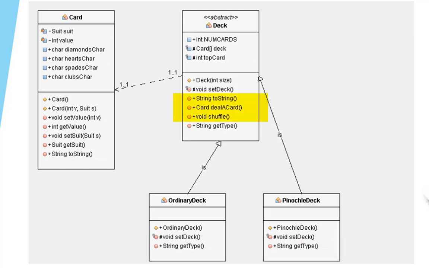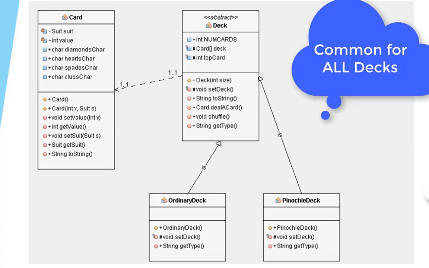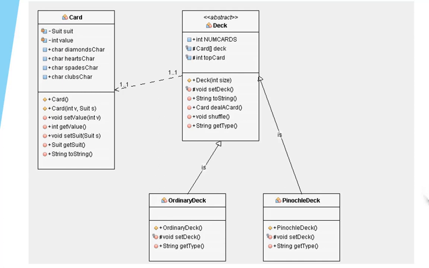Notice that shuffle, deal a card, and the toString are all handled in the abstract class deck. Why? Well, those operations are done the same regardless of the type of deck. We'll want to shuffle all the cards, be able to deal one card from the top, and show the entire deck of cards. So since these are common, we push them to the top of the hierarchy in the abstract class deck.